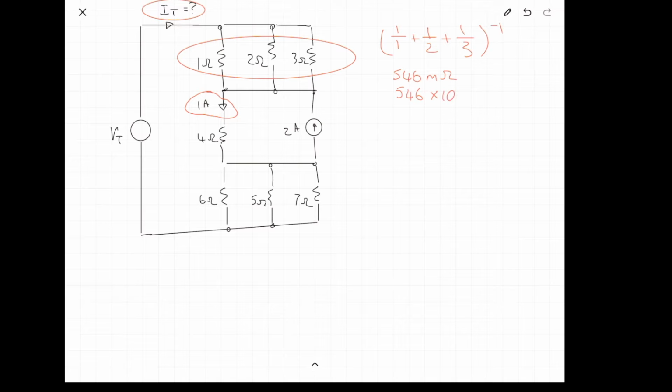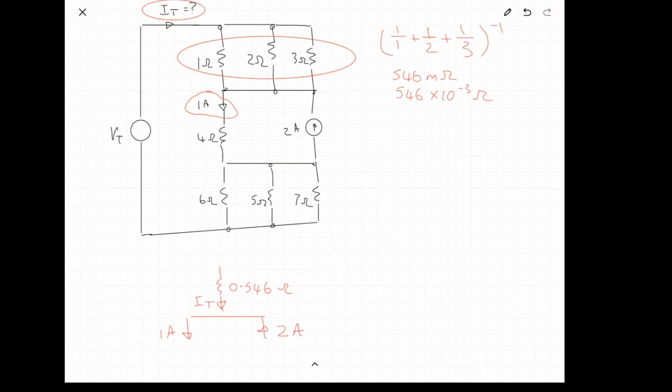You could then redraw the circuit. All right, it's 0.546. We have our 1 amp, 2 amp, and we have IT.